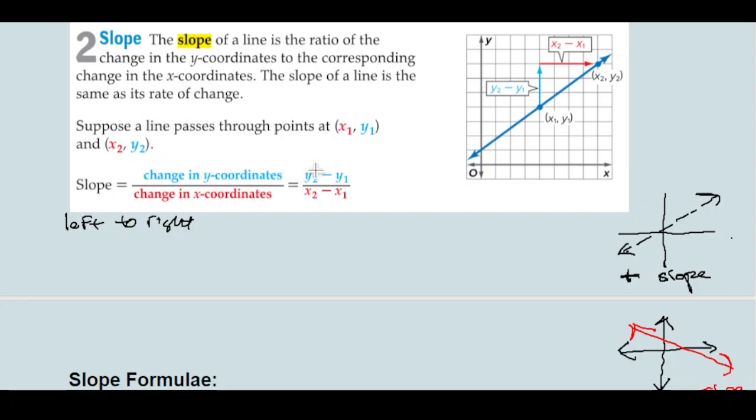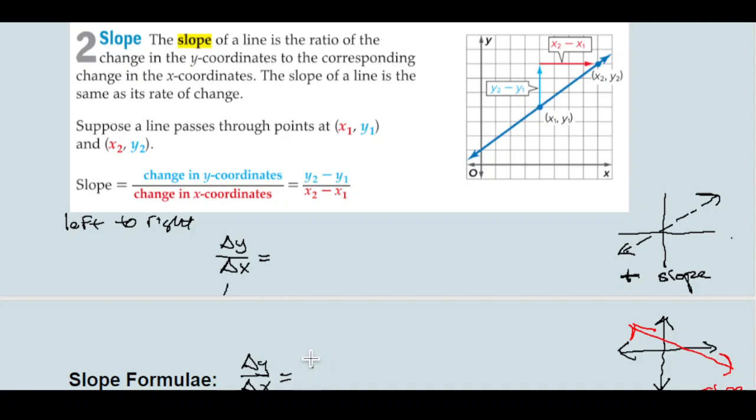So they give us this formula here, change in y coordinates over change in x coordinates. It's the same as what we just did with the rate of change. It's always your change in y over your change in x, and you can write this where it says slope formula. Actually, I will write it right there. So it's change in y over change in x.